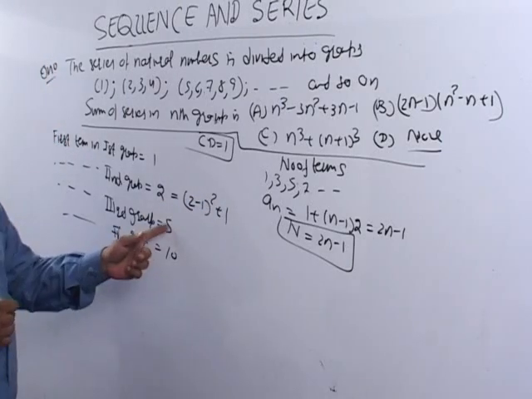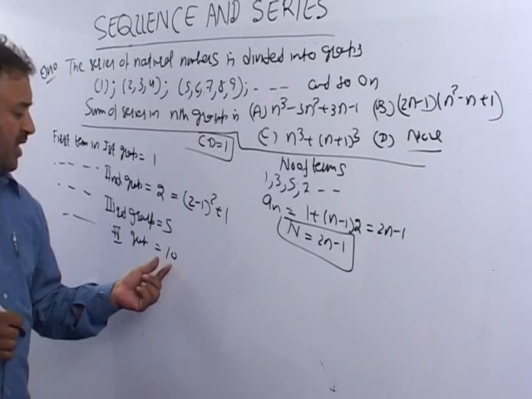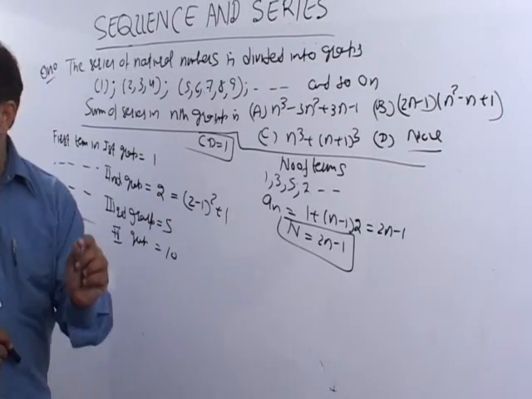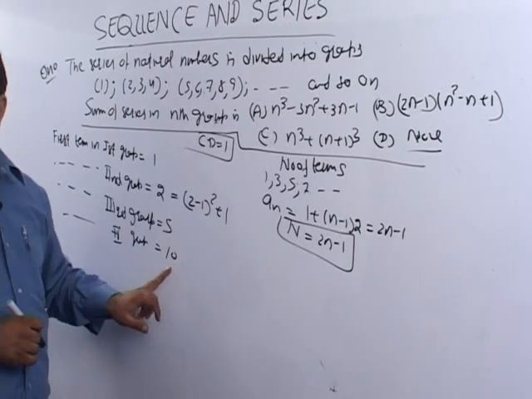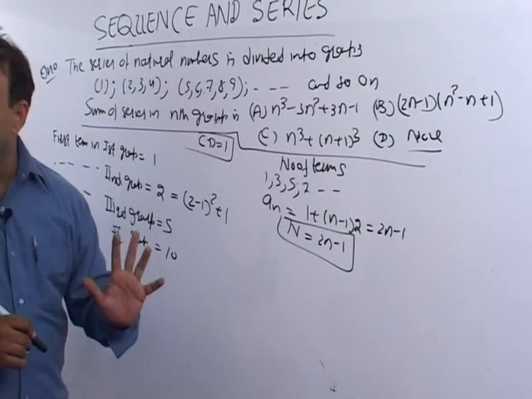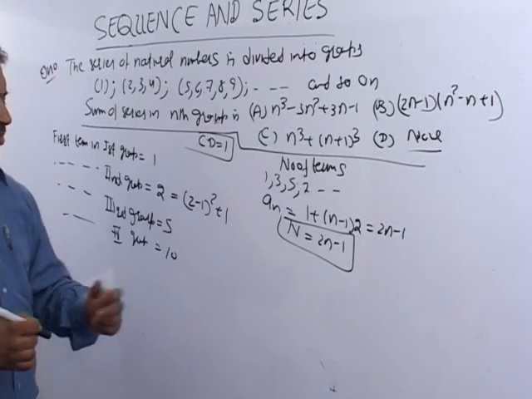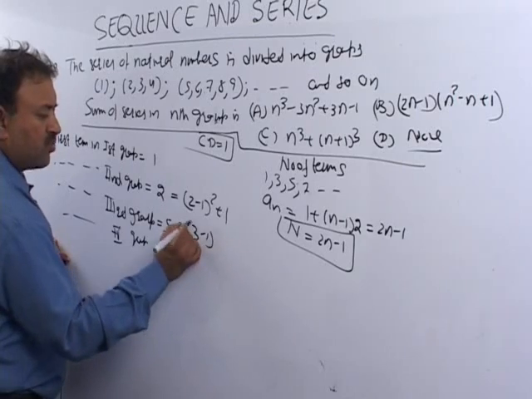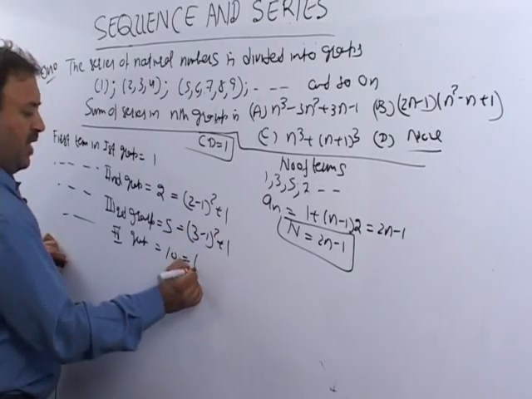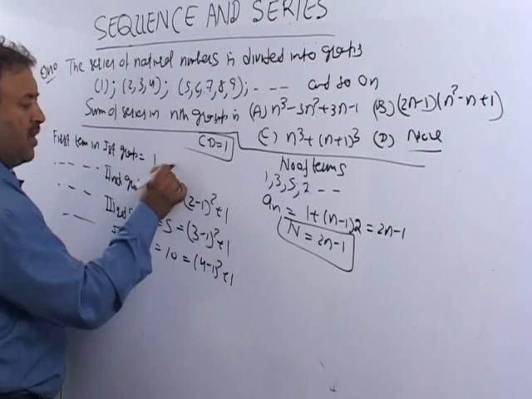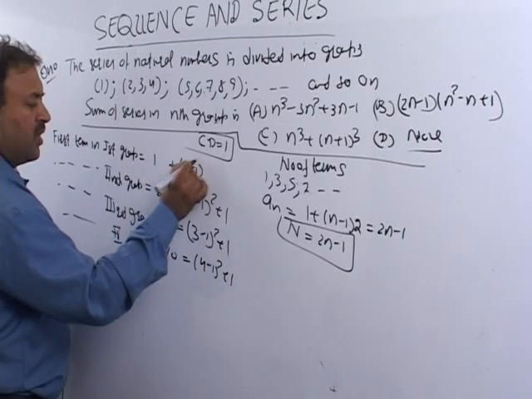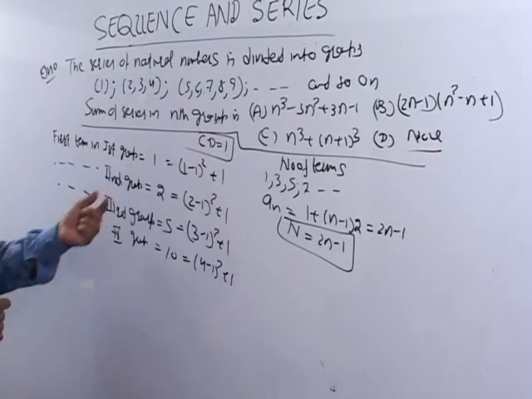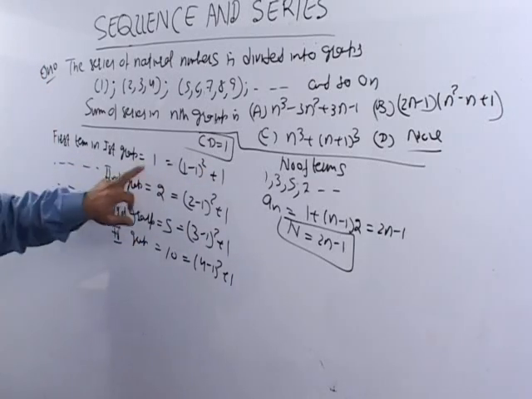Here 5 is 4 plus 1, 10 is 9 plus 1, and the next is 17, which is 16, the square of 4, plus 1. So it is a natural number's square plus 1: (3 minus 1) the whole square plus 1, (4 minus 1) the whole square plus 1, and (1 minus 1) the whole square plus 1.